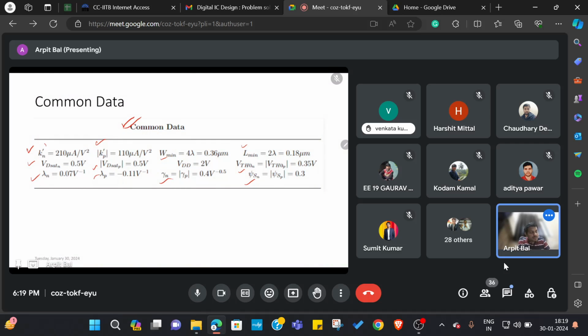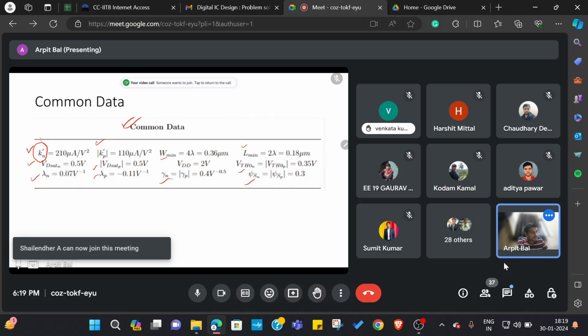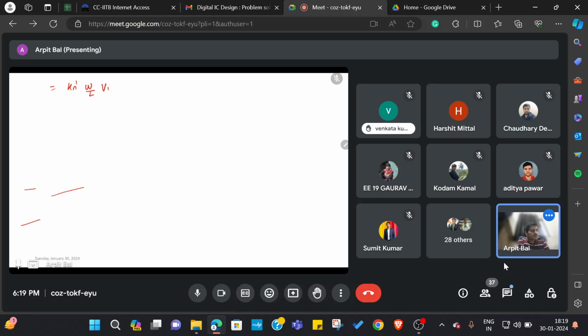So we have Kn dash W by L VDSAT n into VGS minus VTH minus VDSAT n by 2, into 1 plus lambda VDS.